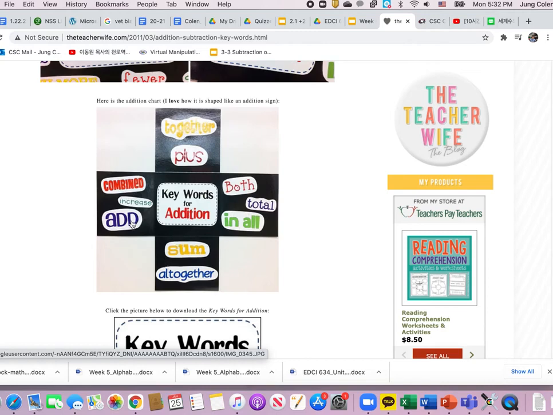Keywords for addition: add, increase, combined, together, plus, both, total, in all, sum. Yeah, that indicates it's an addition problem? No, that indicates it's a joining problem.